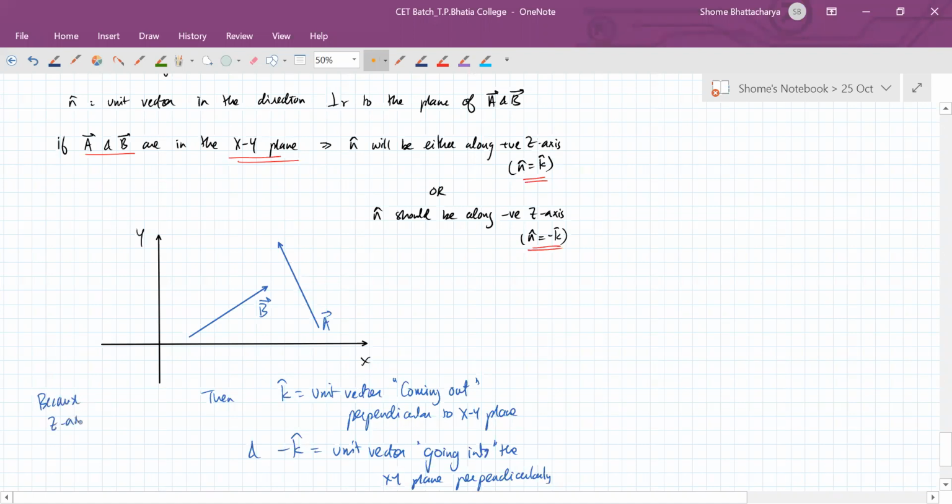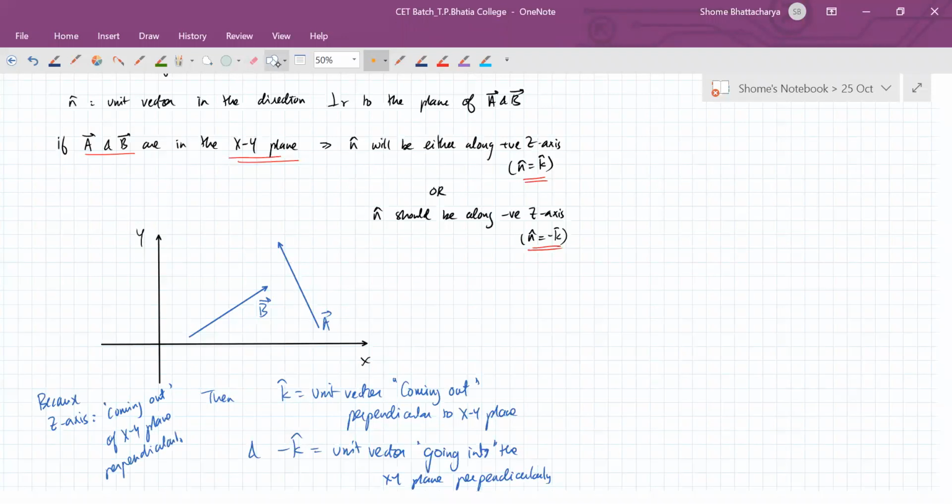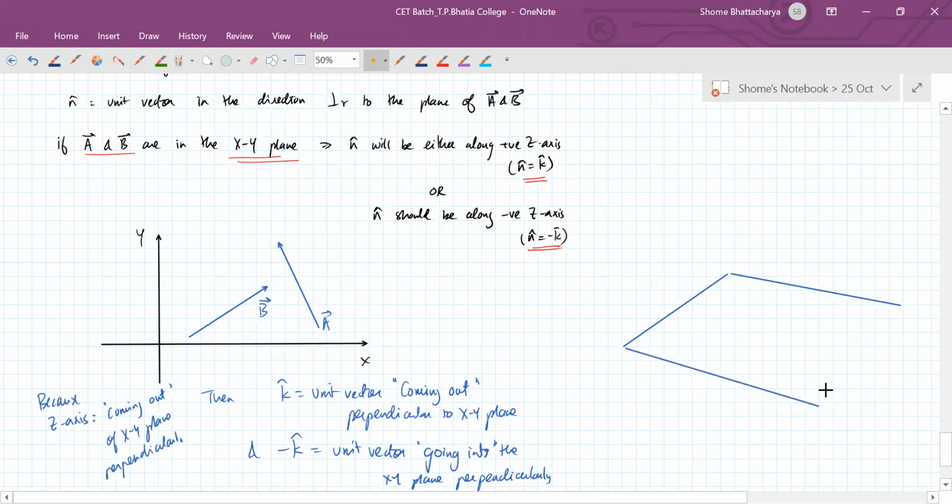Okay, because z axis is coming out of the xy plane perpendicularly. Okay, or we can understand this in a three-dimensional kind of diagram. So in a three-dimensional kind of diagram, what we'll have to do is we'll have to understand that, let's say this is like a horizontal surface, like the surface of your table, okay, and your xy plane is lying on that surface.